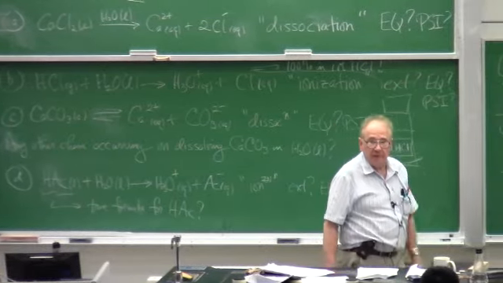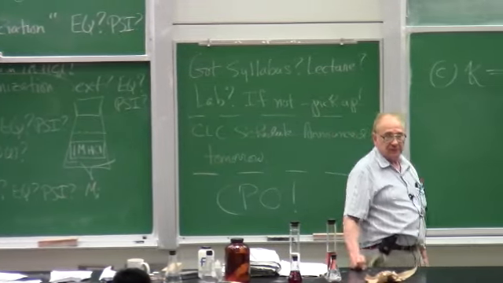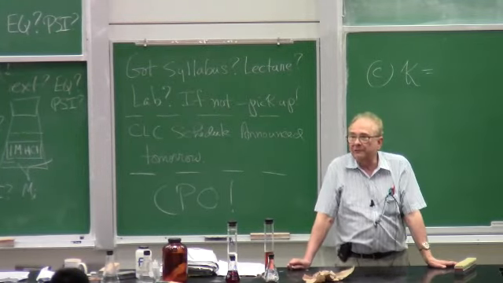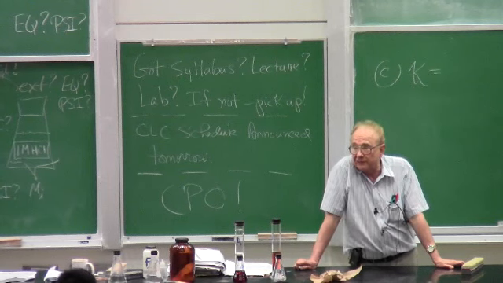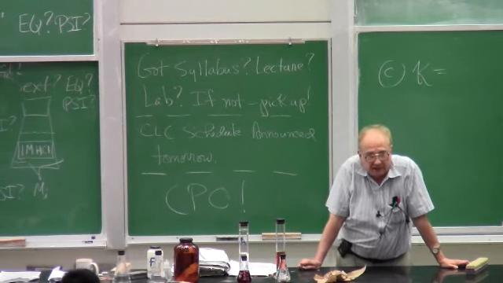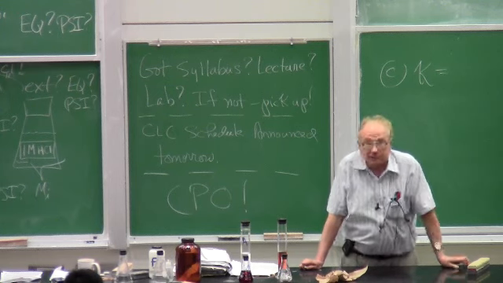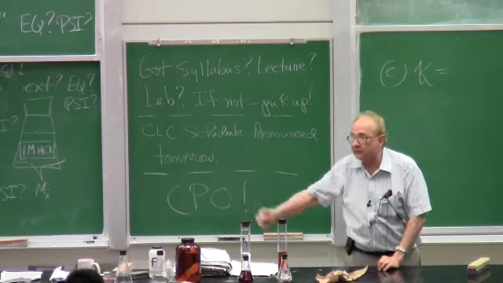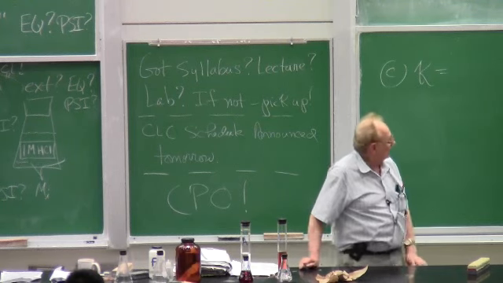Even though they may well be part of the equilibrium reaction itself, they're not included in the equilibrium constant expression. Because an equilibrium constant expression, from a magnitude standpoint, a number value standpoint, depends exclusively on the components of the systems whose concentrations for solutes, partial pressures for gases, change as equilibrium is established.